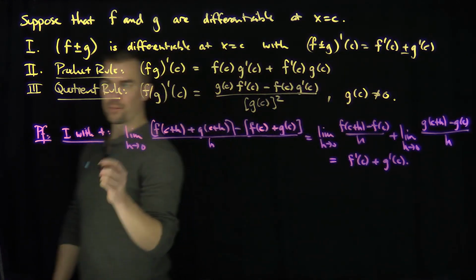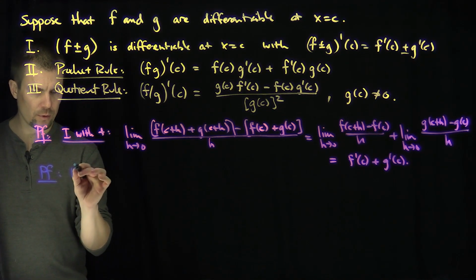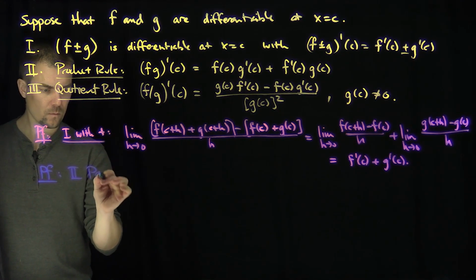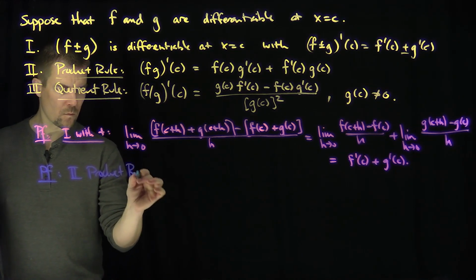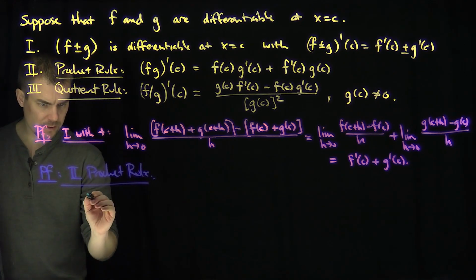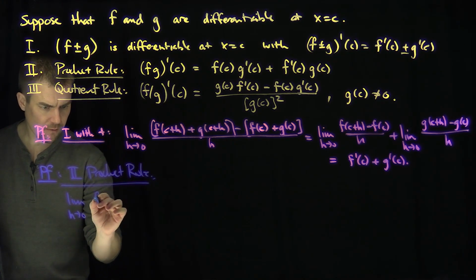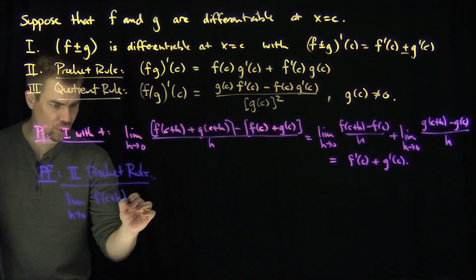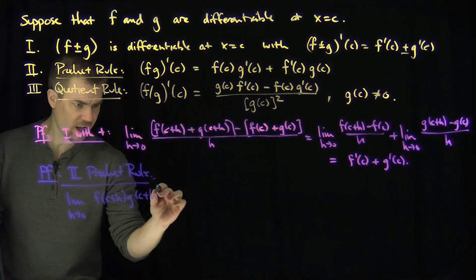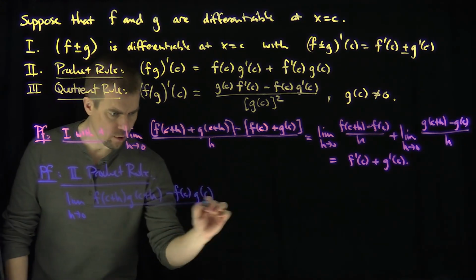Let's prove the product rule. So here's the proof of 2, the product rule. I have the limit as h goes to 0 of f of c plus h, g of c plus h, minus f of c times g of c, all over h.